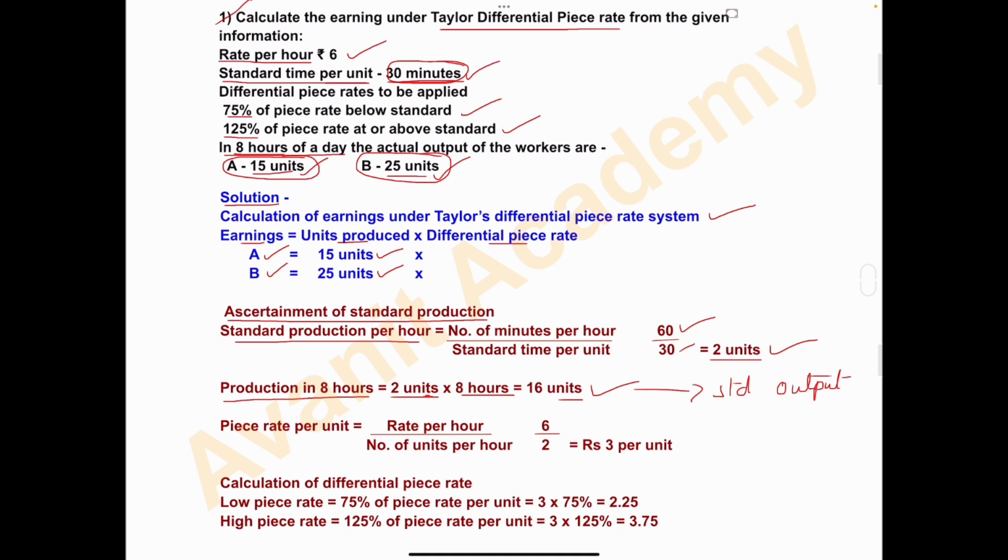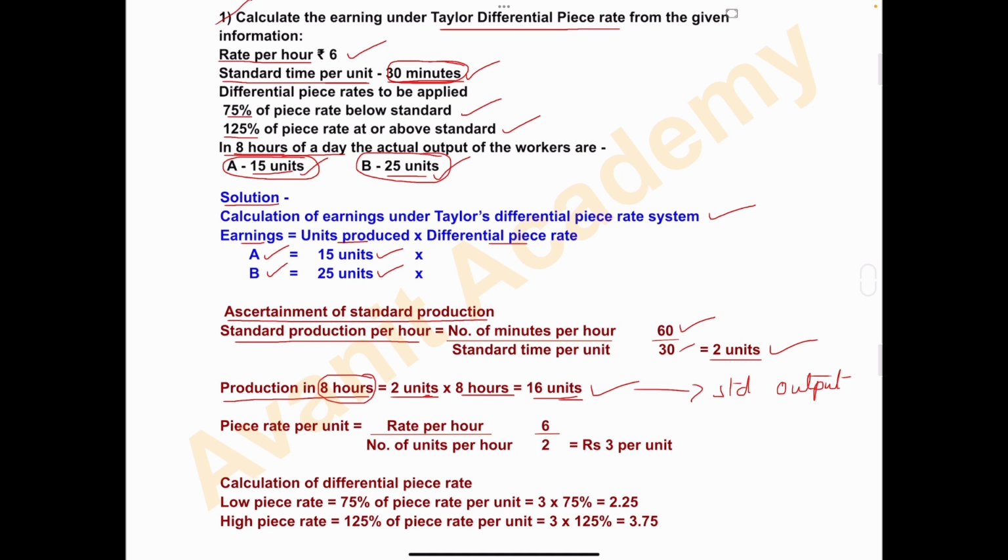So in a day of 8 hours, total how many units can be produced? 16 units. So A has produced how many units? 15 units, which means he has produced below the standard. The standard output is 16 units and A has produced in a day of 8 hours 15 units only.